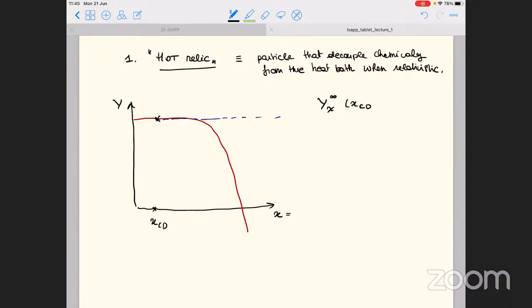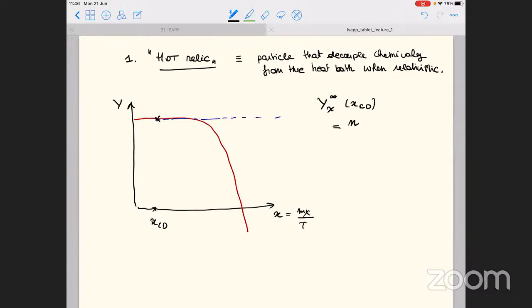Remember, x is m_chi divided by the temperature T. With the tools I gave you before, I can very easily estimate the co-moving number density of my particle at the time it decouples chemically, assuming that it decouples chemically while it's non-relativistic. I will show you the example of the neutrino, but let me first give you the result.